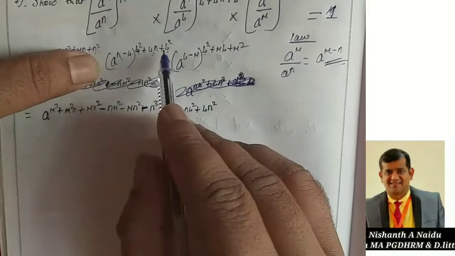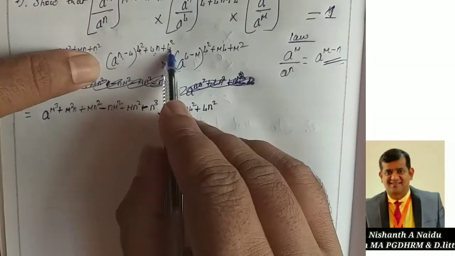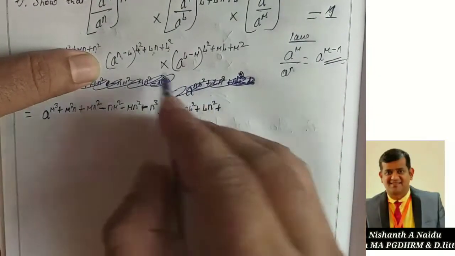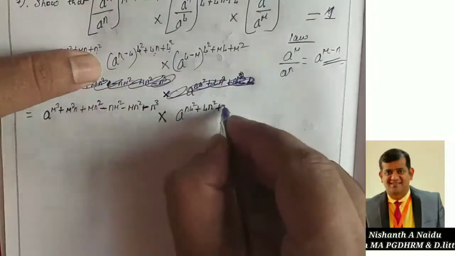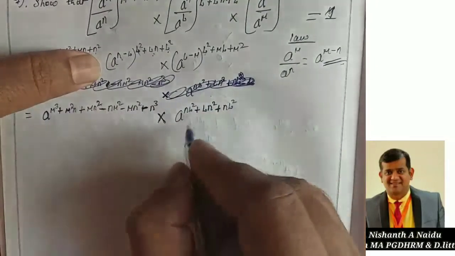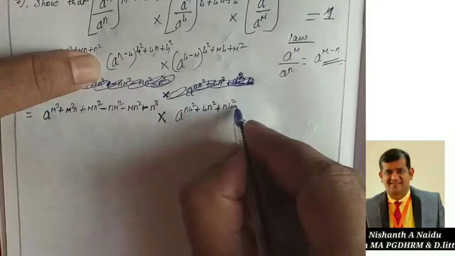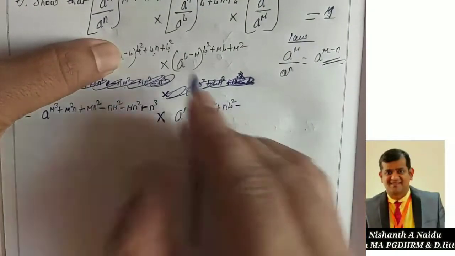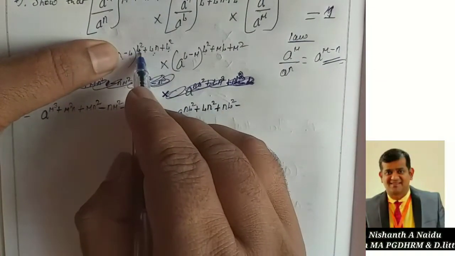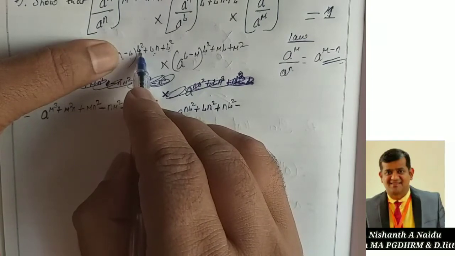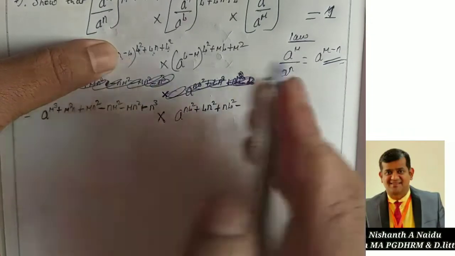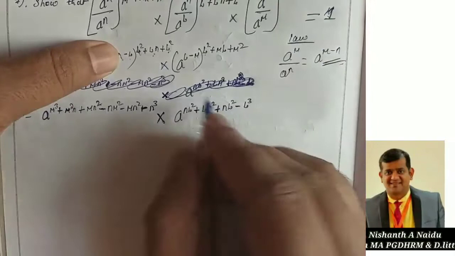Then n into l to the power 2 becomes plus nl to the power 2. The same way, minus l is there: minus l into l to the power 2, so that becomes minus l to the power 3.